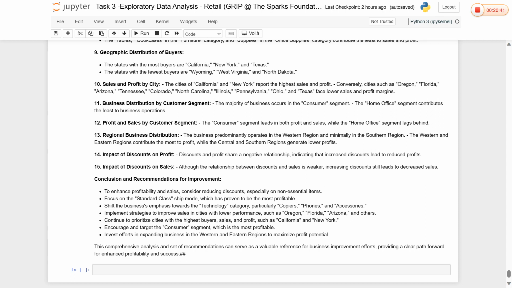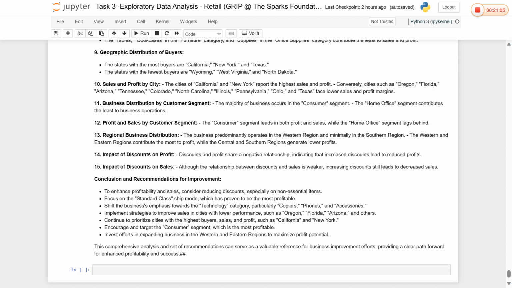Now this is all the impact of the discount on the sales and profit. So what is the conclusion? We have to enhance the profitability and sales by reducing the discount, especially on non-essential items. We have to focus on the standard class ship mode, which proves to be most profitable.